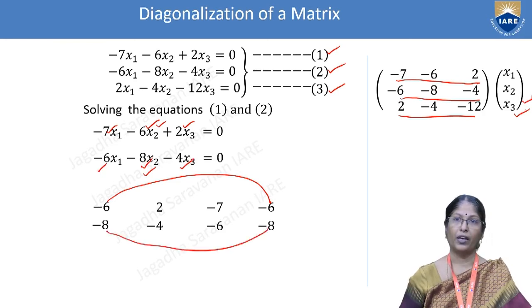So naming x1, x2, x3. The animations also show very clearly this cross multiplication, naming x1, x2, x3.